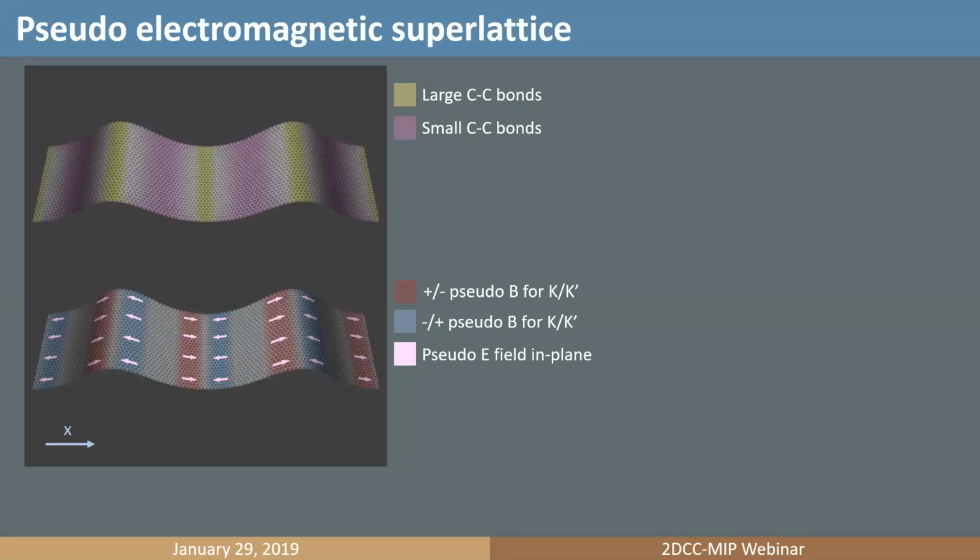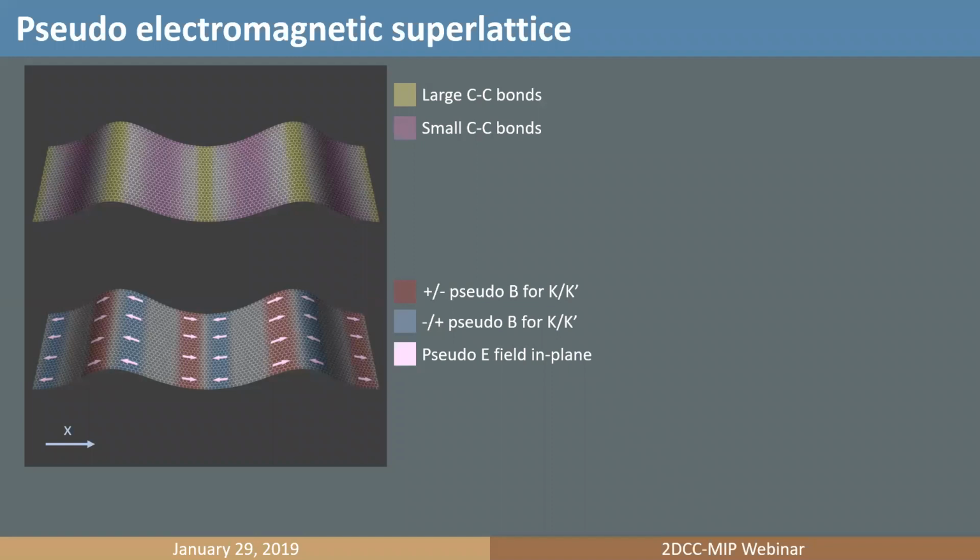In the flat regions between the crests and troughs, the graphene doesn't stretch out as much. So comparatively, there are smaller carbon-carbon bonds. Now, if you remember what we talked about earlier, it's not strain that creates pseudo gauge fields, it is strain gradient. So at the boundary of these two regions, like in the first picture, the whitish region, pseudo electric and magnetic fields arise.